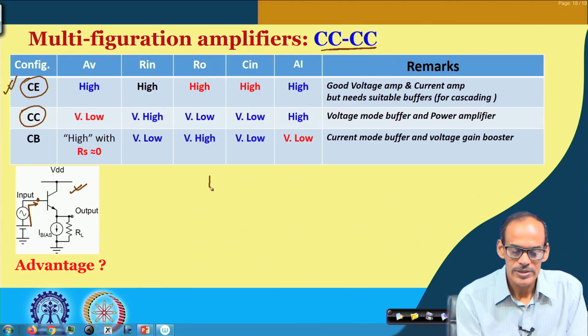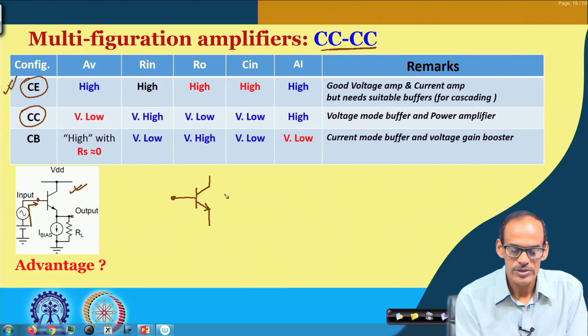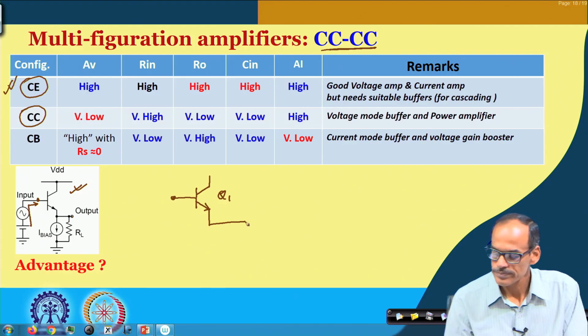So, if I consider one transistor, we feed the input at the base of this transistor, and let me call this Q1, and then its output goes to the second transistor.